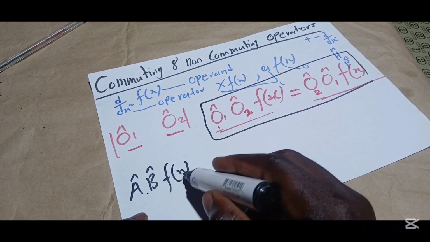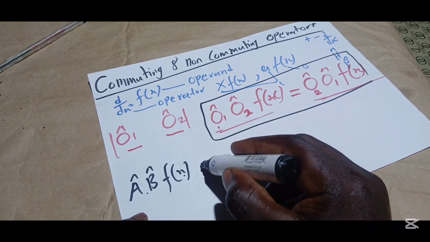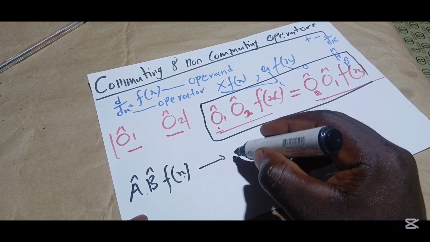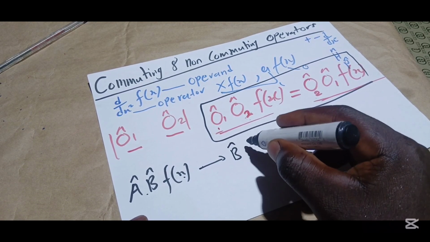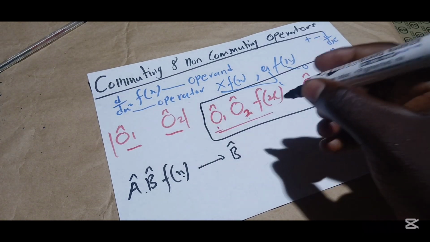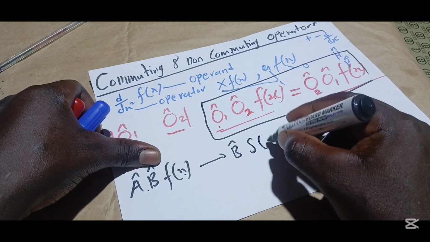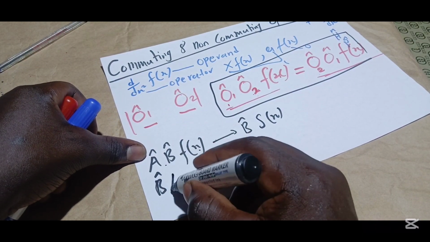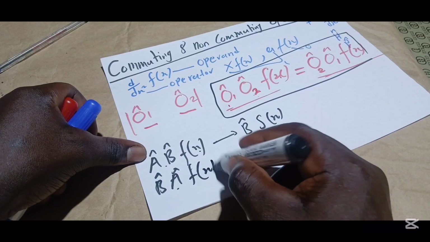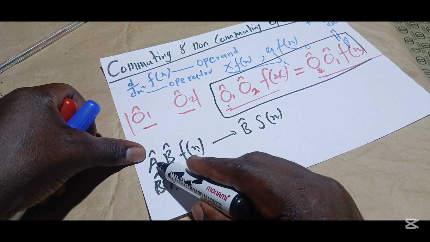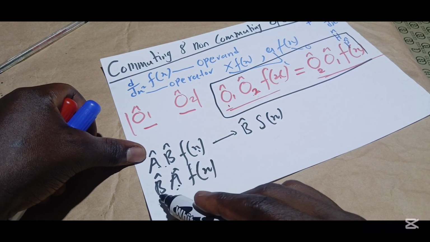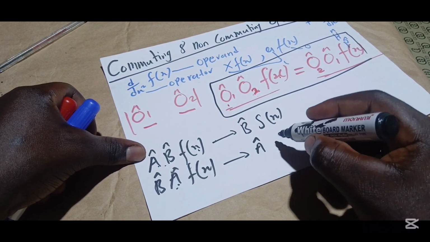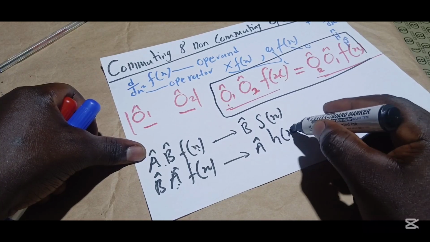Let's say the result that we get is operator B s of x. Here you see we operate B first on the function before A. Now let's say we operate A first on the function before B, and this gives us another result, operator A h of x.